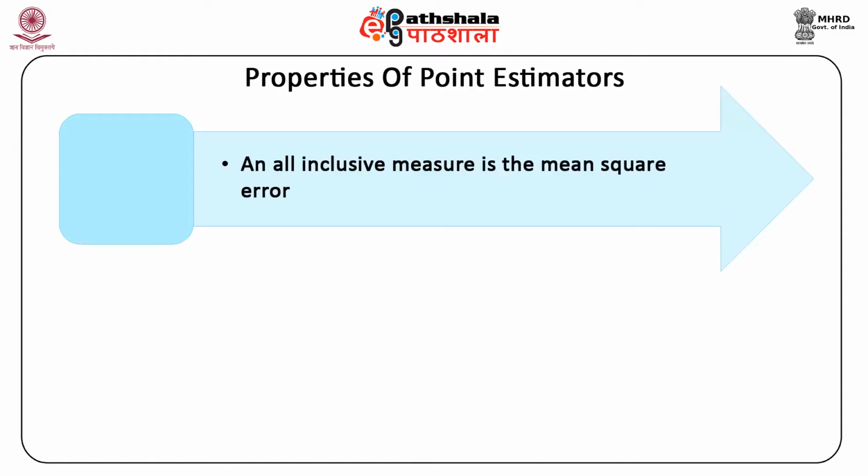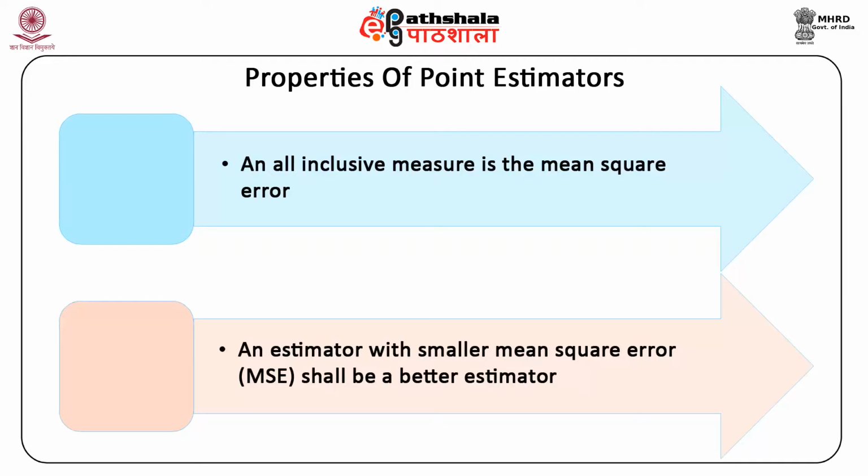An all-inclusive measure is hence the expected value of these squared errors, or the mean square error. An estimator with a smaller mean square error shall be a better estimator.